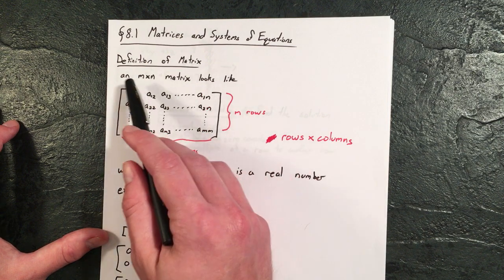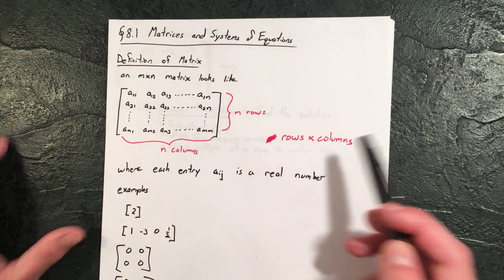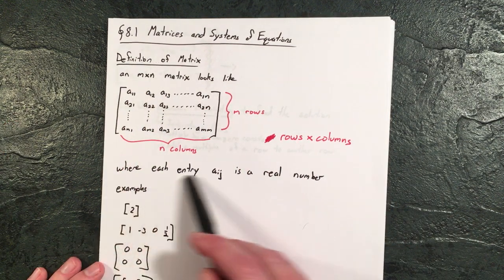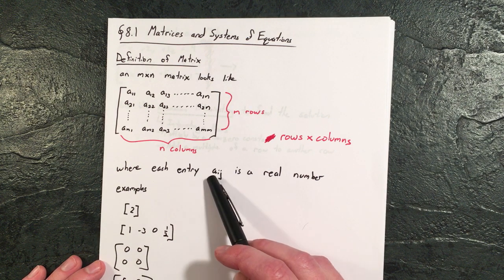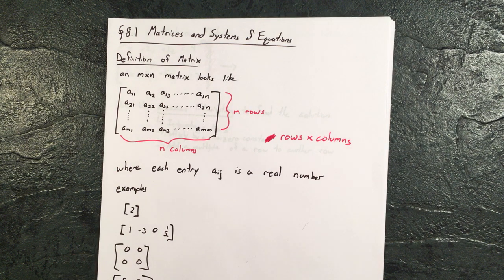So we call these M by N, it's just rows by columns. And we can denote these in generic form as Aij, for the indices of rows and columns. Okay, hopefully not too confusing, not super important right now, but just to know rows and columns is important.